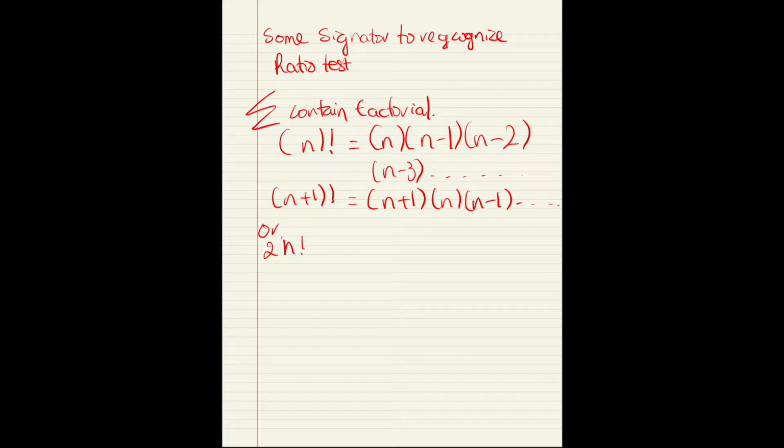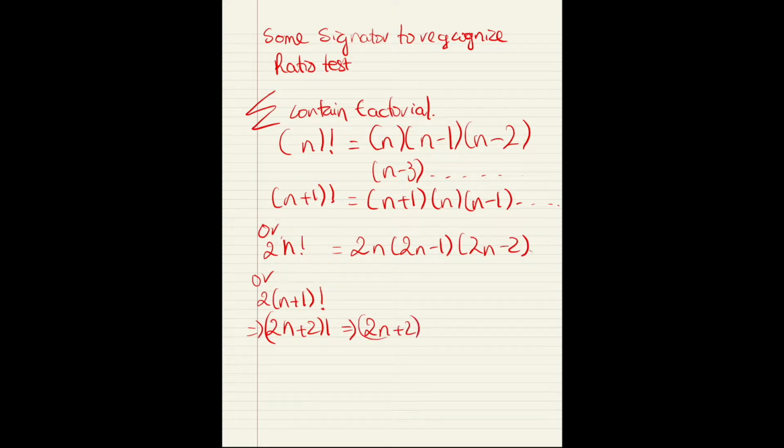Or 2n factorial is just equal to 2n times 2n minus 1 times 2n minus 2, and so on. Or 2n plus 2 factorial, so that we have 2n plus 2 times 2n plus 1 times 2n times 2n minus 1 times 2n minus 2 and so on.